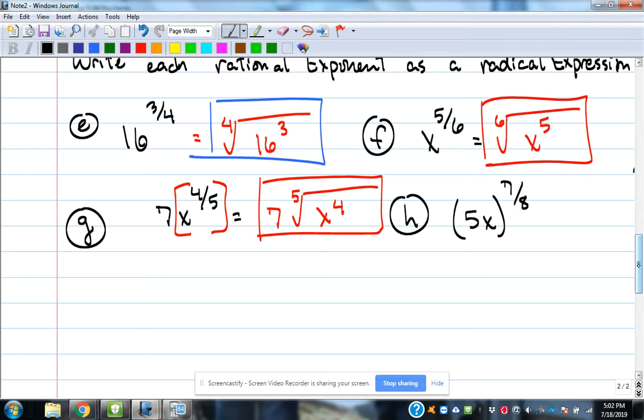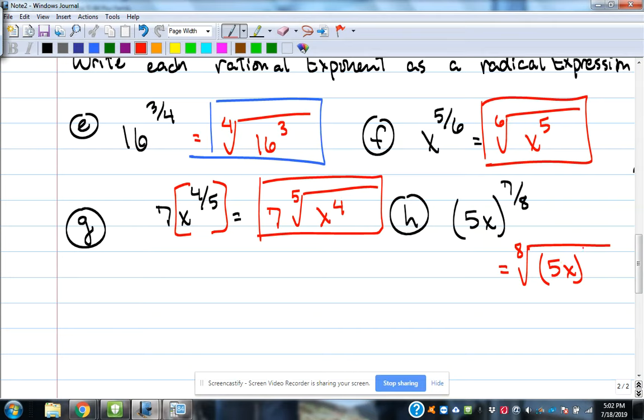I would look at it and say, okay, what's the index on the root? 8. And when I distribute that out, both of them are going to have that same denominator, right? So that's why I wouldn't do it. If there were an exponent on one of those that might change things, maybe I would, but most of the time you don't need to. If you just work with it from there, what would go on the inside here?